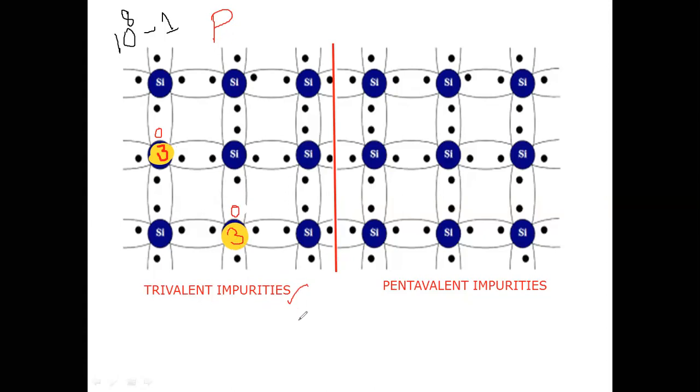Likewise, the remaining half part of the silicon crystal I am doping with pentavalent impurities. Let us suppose I am doping these two with the pentavalent impurity atom. Pentavalent means they have 5 electrons in their outermost orbit.